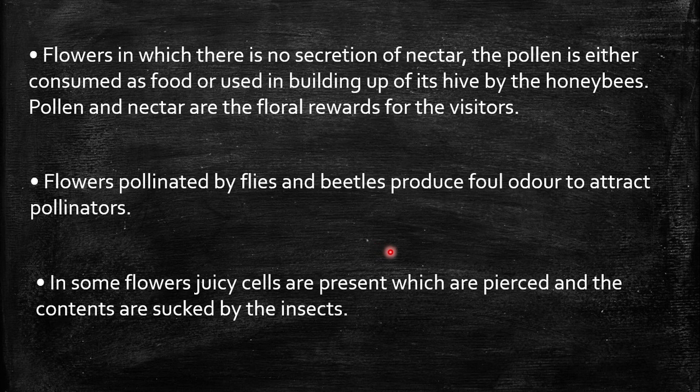So pollen and nectar are floral rewards for the visitors. Flowers pollinated by flies and beetles produce a foul odor to attract the pollinators. In some flowers, juicy cells are present which are pierced, and the contents are sucked by the insects.